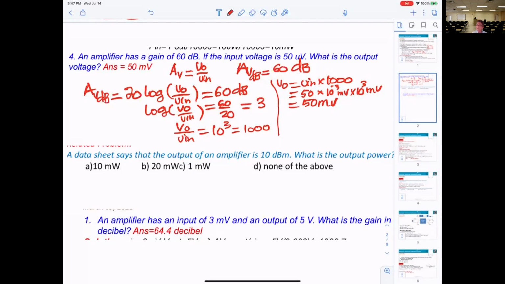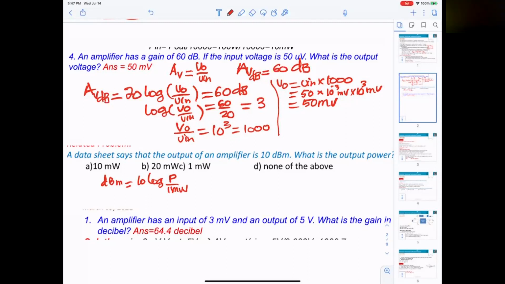So now you want to do it, okay? Then you have to memorize the formula: dBm equals 10 log P over 1 milliwatt. That's correct.